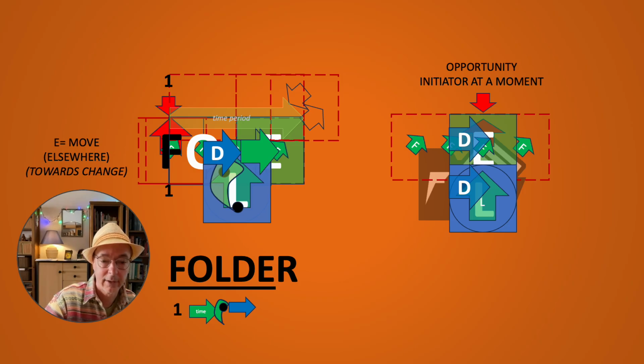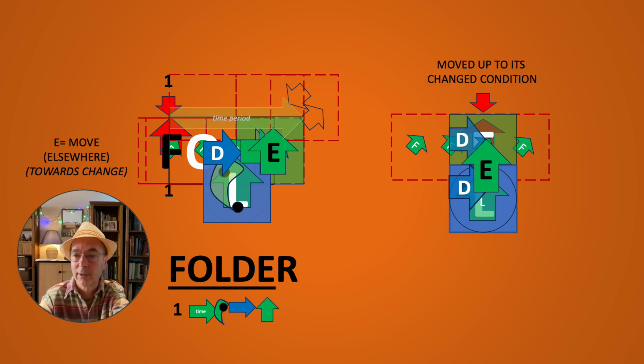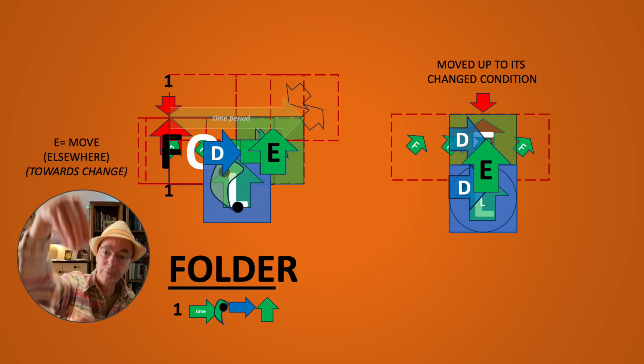And what is the next letter? It will be time, so that it will also move in time. And if I do that also to the second design, I will have, of course, that move towards time.